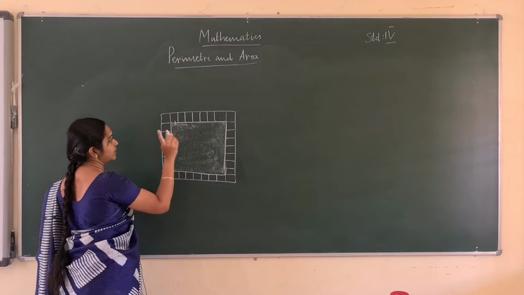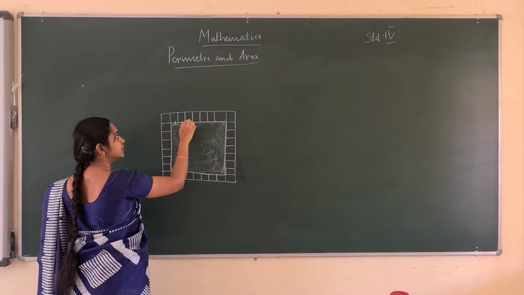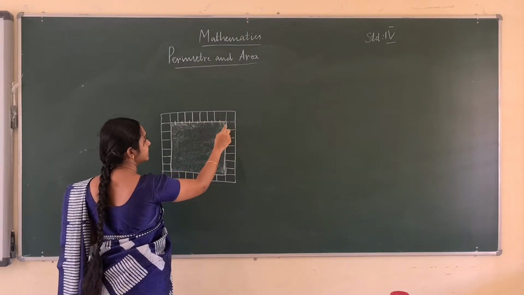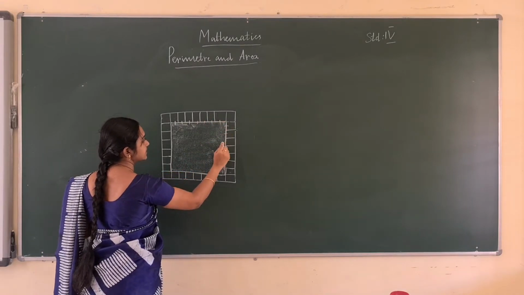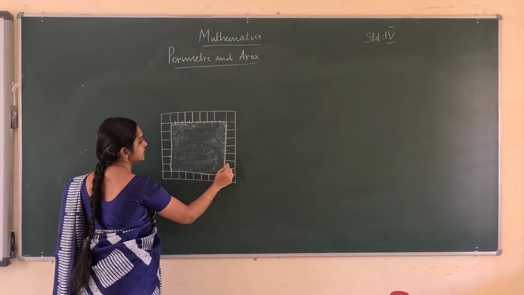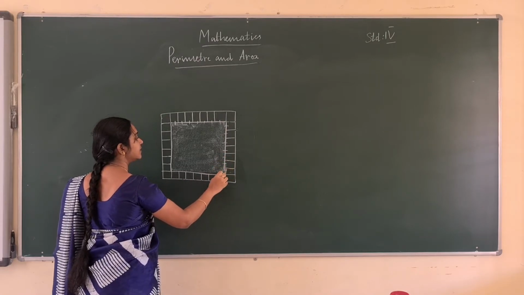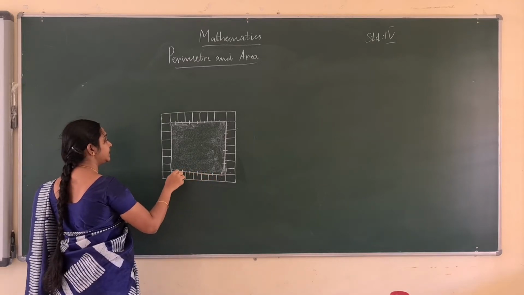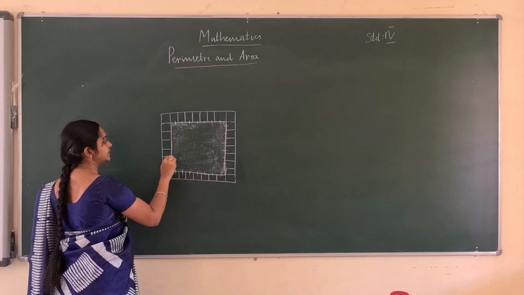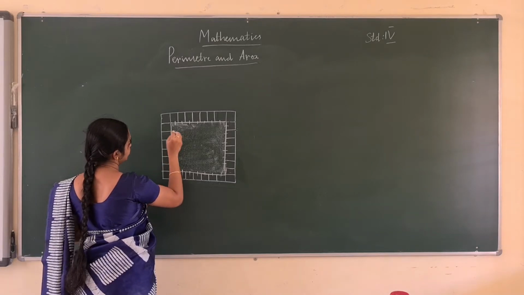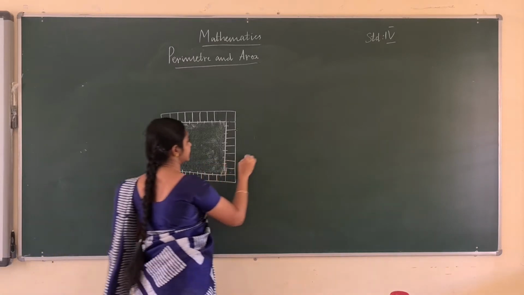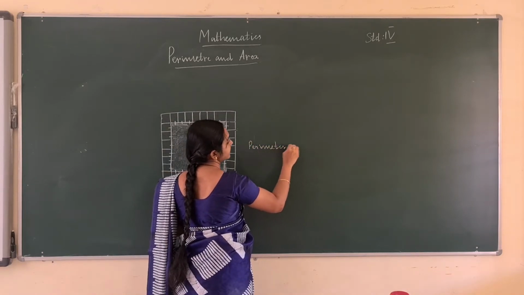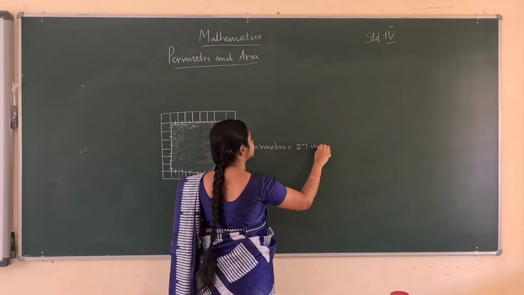Here we have one side, 1, 2, 3, 4, 5, 6, 7, 8, 9, 10, 11, 12, 13, 14, 15, 16, 17, 18, 19, 20, 21, 22, 23, 24, 25, 26, 27. So, the perimeter of the field is 27 units.